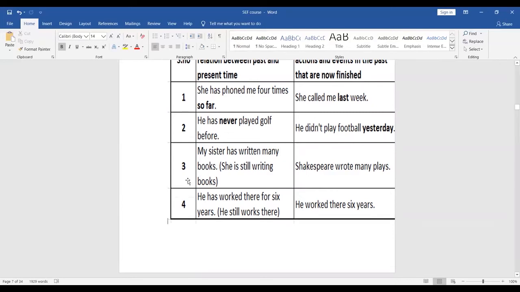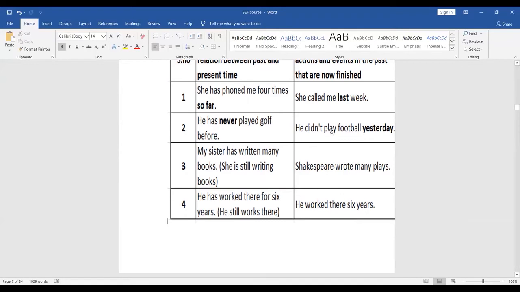The third sentence is my sister has written many books, which means she is still writing. Has written many books. Compare that with Shakespeare wrote many plays. Here they're using the past form, and that indicates that it is an action in the past.